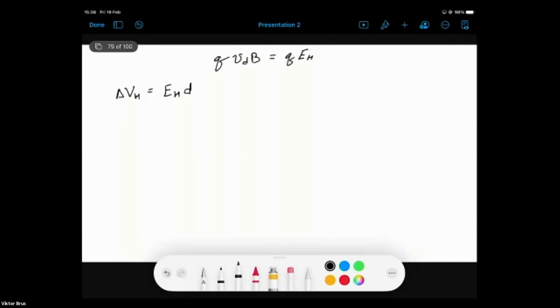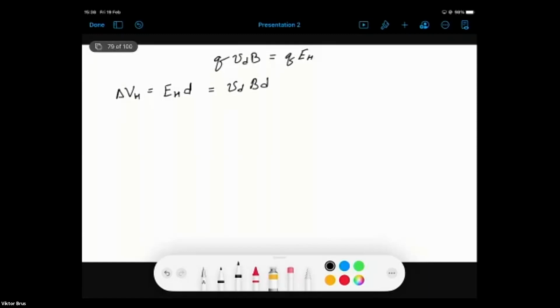In this case it will also be equal to V_d, drift velocity, times B times D. It comes from the previous equation.